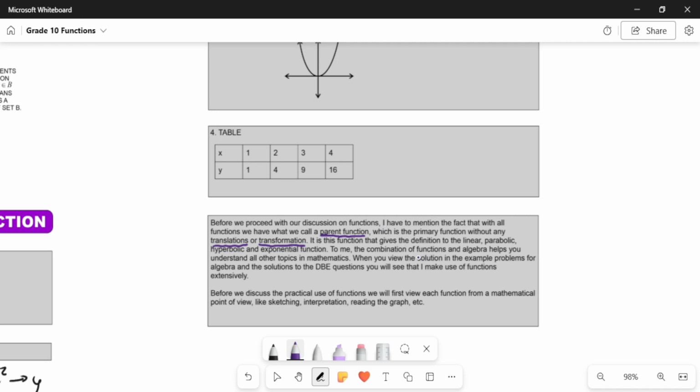To me, the combination of functions and algebra helps you understand all other topics in mathematics. When we view the solutions in the example problems for algebra and the solutions to the DBE questions, you will see that I make use of functions extensively, right? Again, after we do this course, I will go back to term 1 work and I will show you how everything fits, right? So the only thing that you need to remember here is the parent function, right?